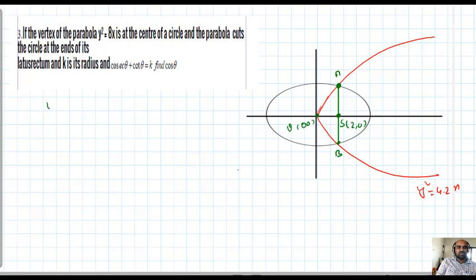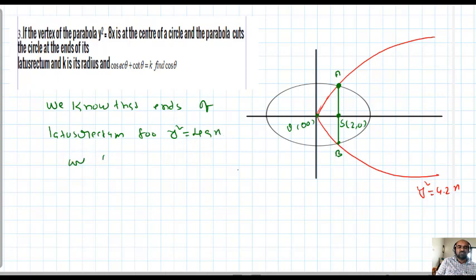Students, we know that the ends of latus rectum for y square equal to 4ax are a comma 2a, a comma minus 2a. What is a here? 2. That is A equal to 2 comma 4, B equal to 2 comma minus 4.